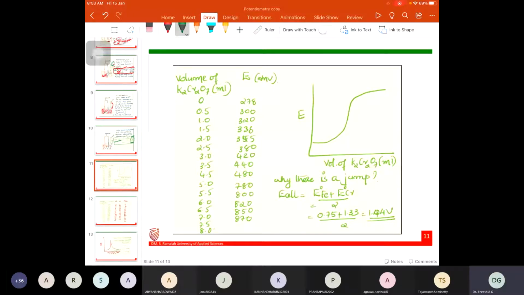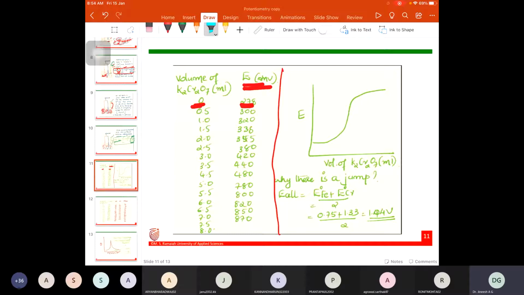So potassium dichromate, 0.5 ml each you are adding, and the respective potential value in millivolt you have measured. One example I have given here. Before adding potassium dichromate, the initial potential value was 278.